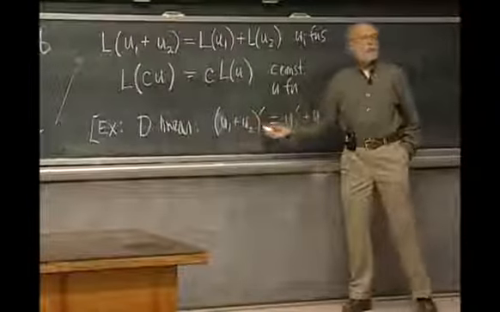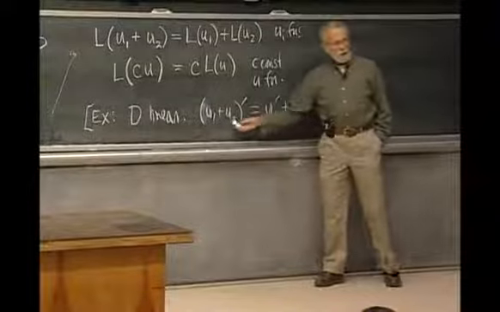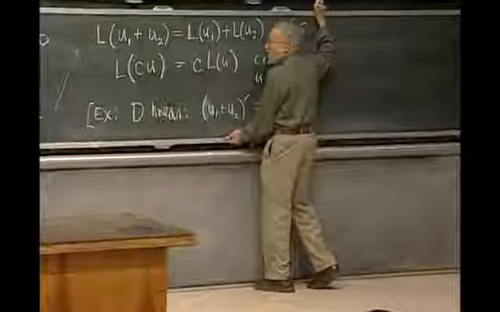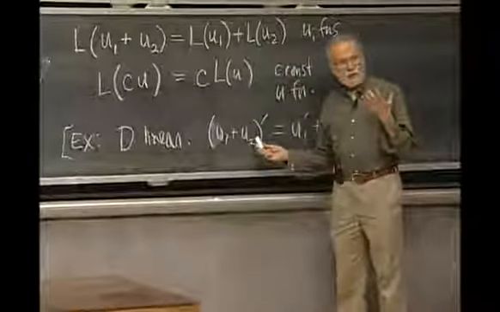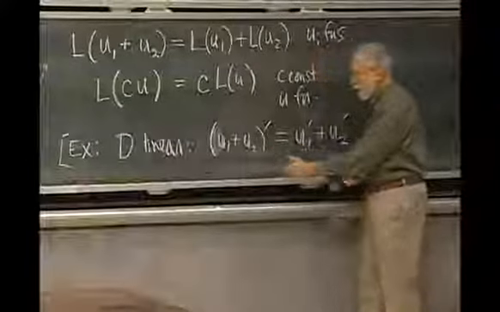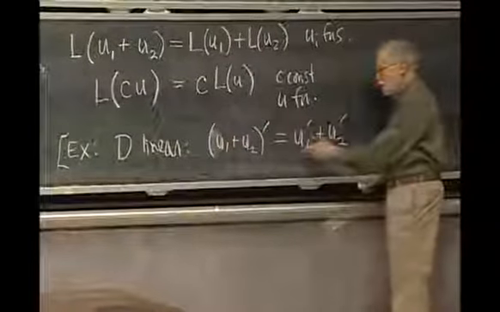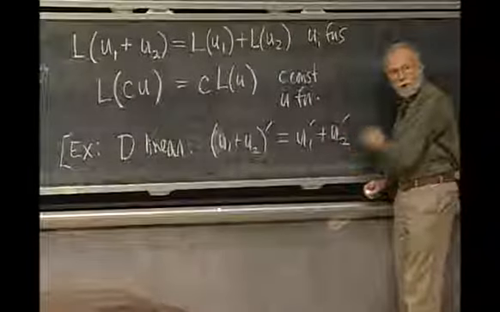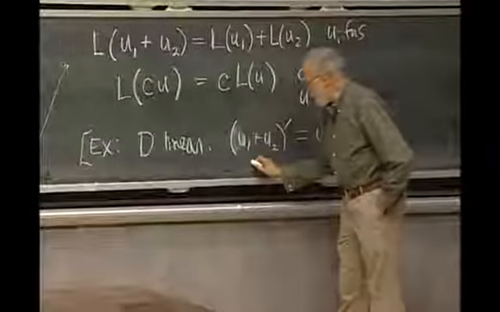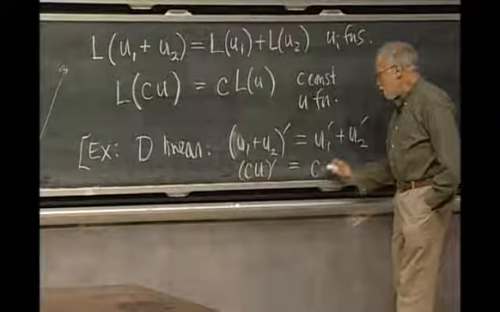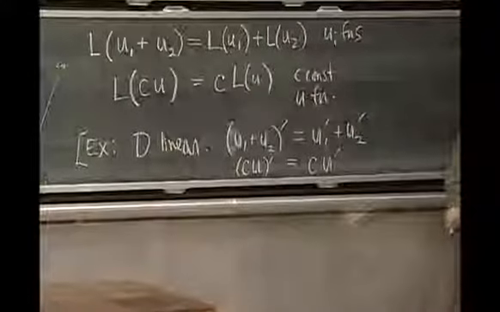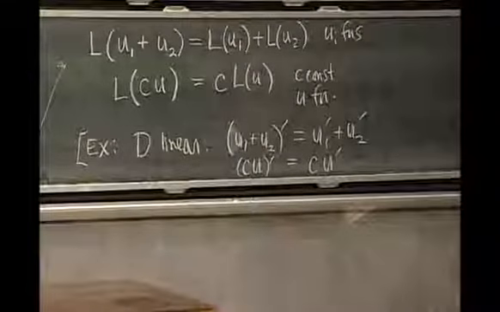That's a law. You prove it when you first study what a derivative is. From our point of view, it's a property of the differentiation operator. The D of U1 plus U2 is D of U1 plus D of U2. And it also has the property that CU prime, you can pull out the constant, it's not affected by the differentiation.